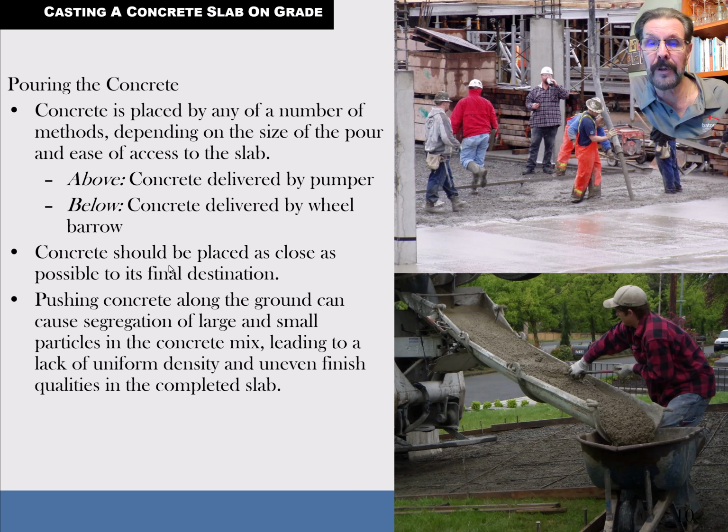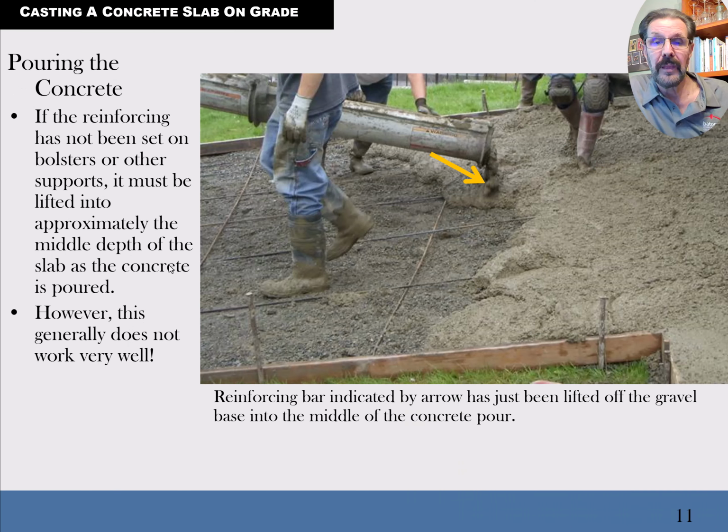You need to keep that pump nozzle down low so that it's not dropping too far. Why? Because if it drops from too high an elevation, the gravel, the sand, and the paste will separate from each other, and then you've got rock pockets and paste pockets, and none of that's good. It makes for weak concrete in both cases. And here they are pouring the concrete on a driveway that's actually running downhill.